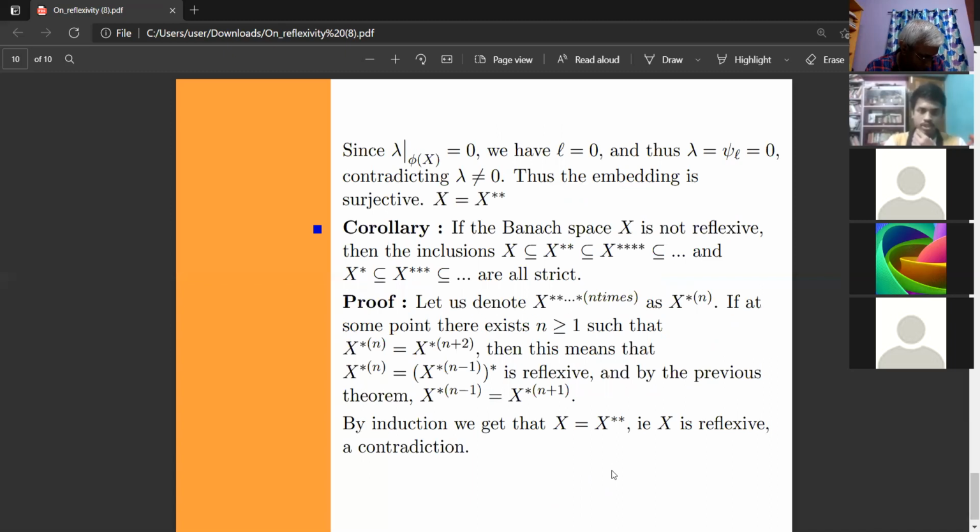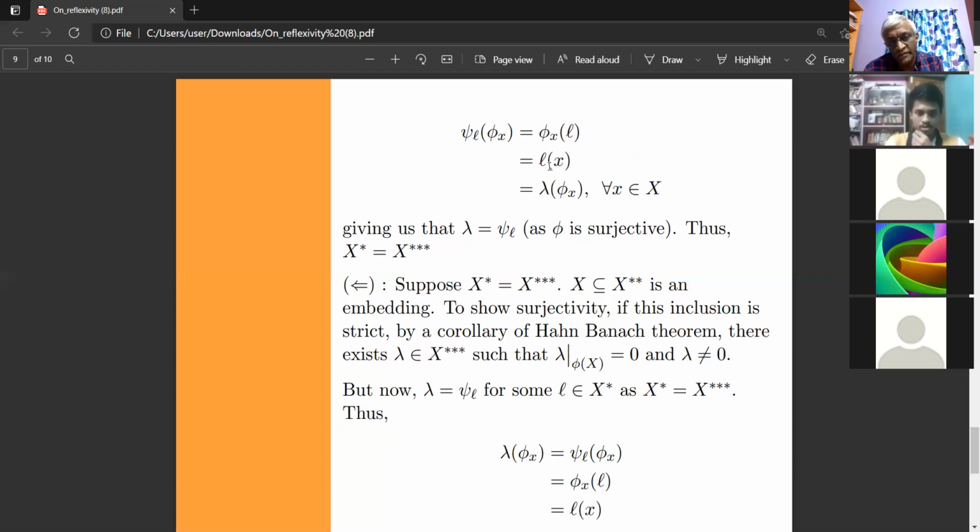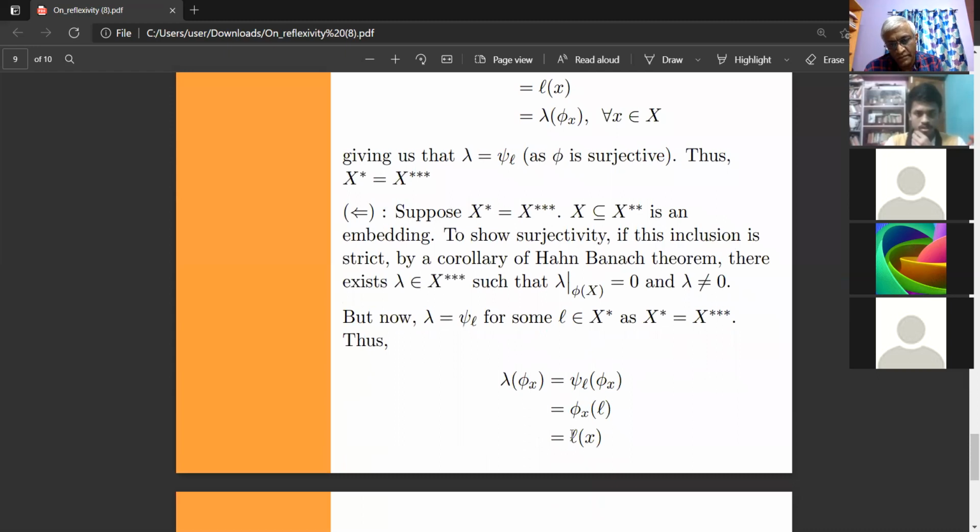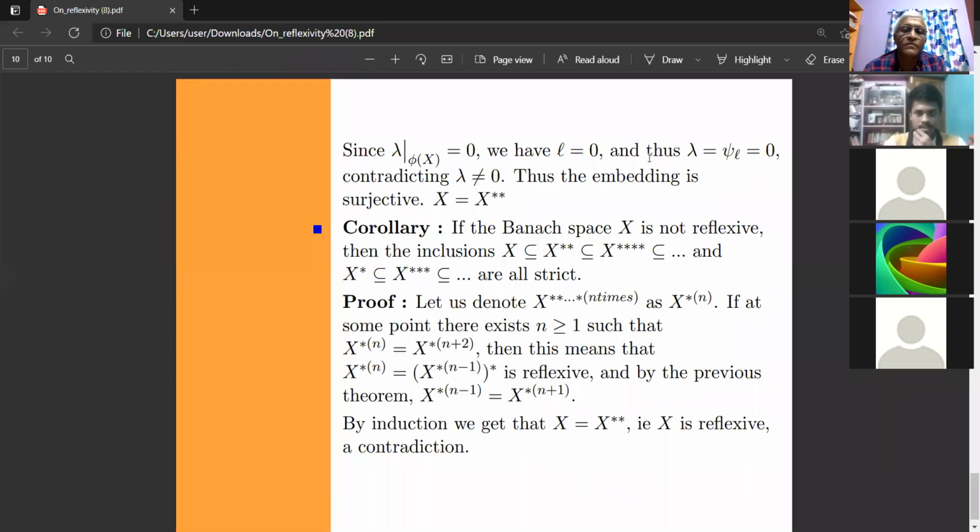So we know that lambda restricted to phi H is 0, so L is equal to 0. Thus, since L is equal to 0, we have psi L is equal to 0, and thus lambda is equal to 0, contradicting that lambda is non-zero. So again, our assumption is wrong. The embedding is surjective. H is equal to H double star.